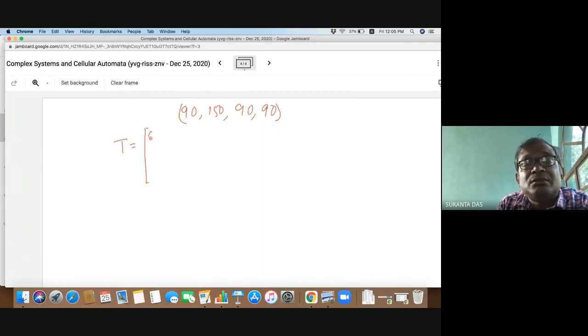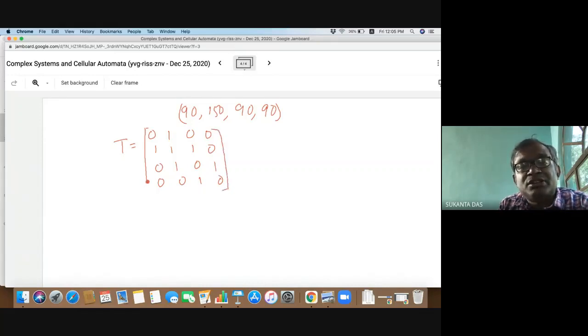The matrix is 0 1 0 0, 1 1 1 0, 0 1 0 1, and finally 0 0 1 0. You can check it. If you find the determinant of T, the first entry is 0 so it has no value. Then 1.